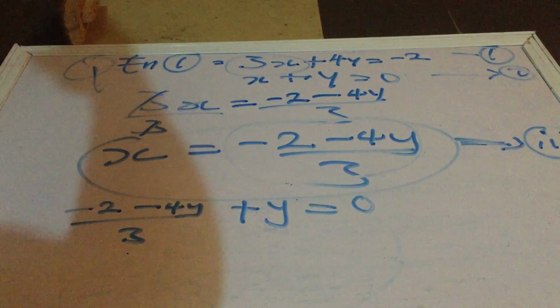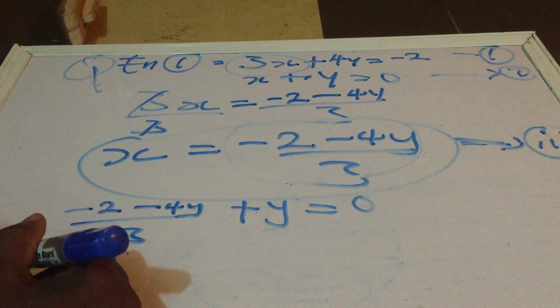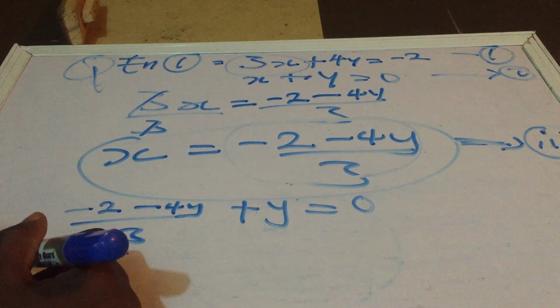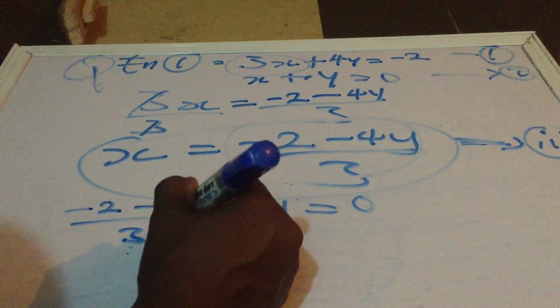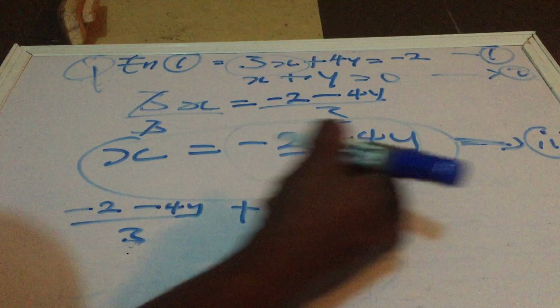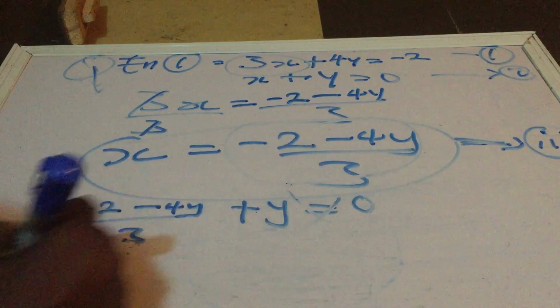Now we are going to solve this equation. We multiply across by 3. We take the 3 across, just like this.